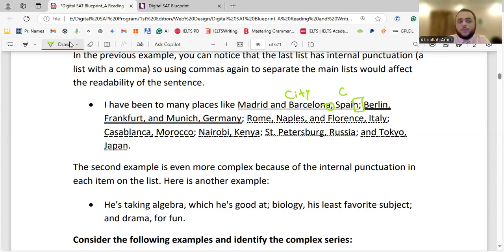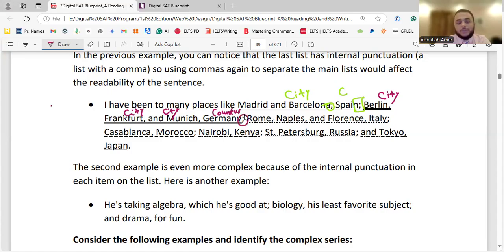So now I know that here, city, city, city, and finally a country. Okay, so I can't add another comma here. This would be confusing because I'm grouping information and I'm creating lists within lists.